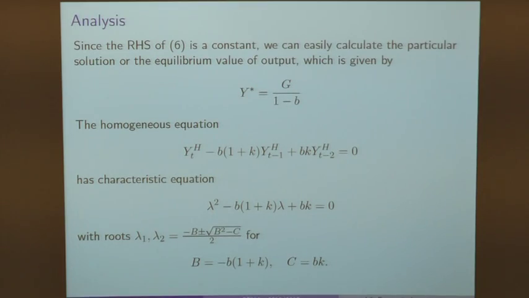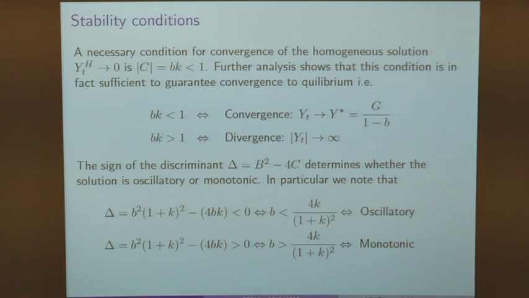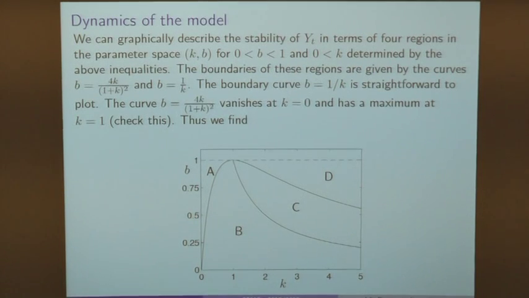If you actually solve the system, this is the equilibrium condition: equilibrium output Y star equals G, government expenditure, over 1 minus B, where B is your MPC. This is a second order difference equation, and if you solve it, you get lots of dynamics. He plotted this in the parametric space of K, the accelerator coefficient, and B, the marginal propensity to consume.